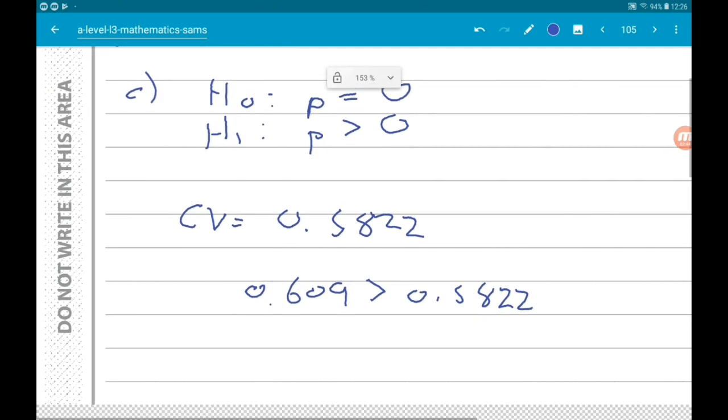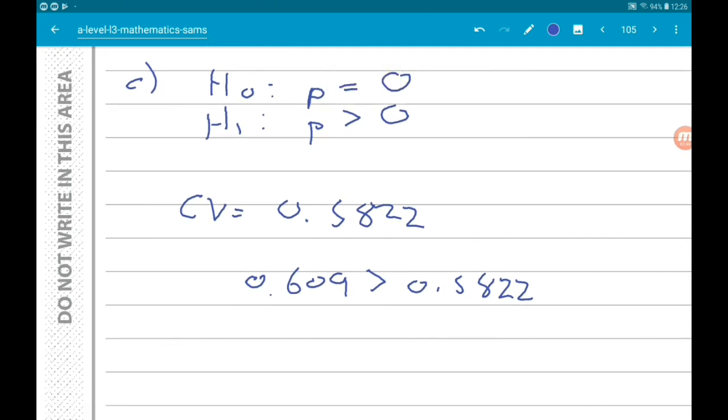So, because that is greater than, we reject h0 because there is evidence that the product moment correlation coefficient is greater than 0.